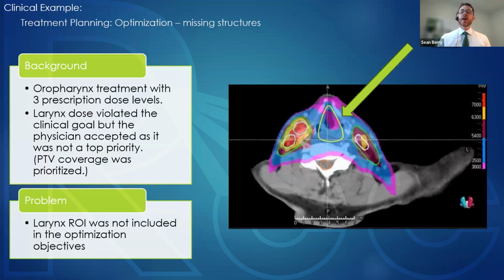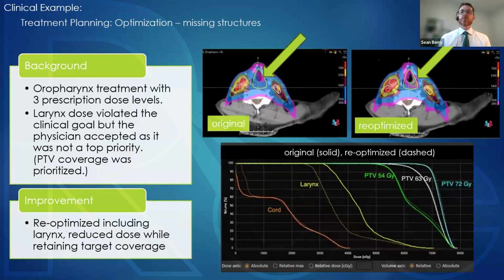So here's an example of a head and neck case where you can see here's the larynx and there's target on either side. And when the physician reviewed the plan, they said, this larynx dose is a little high, but I guess it's just because it's too close to these other PTVs. After some more investigation, it was realized actually that the larynx had not been included in the optimization at all.